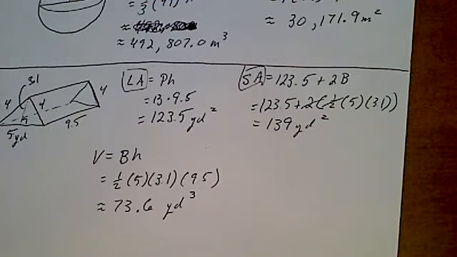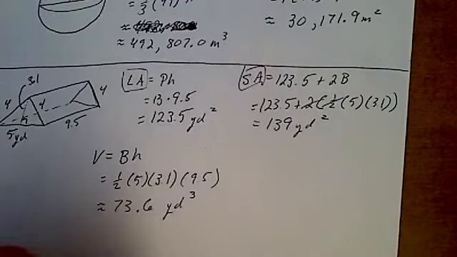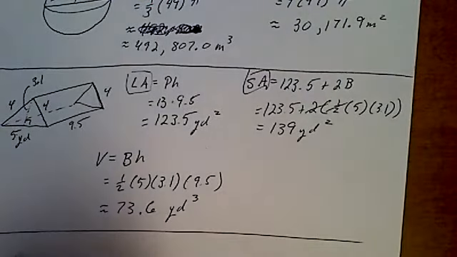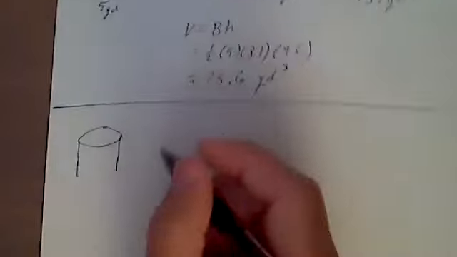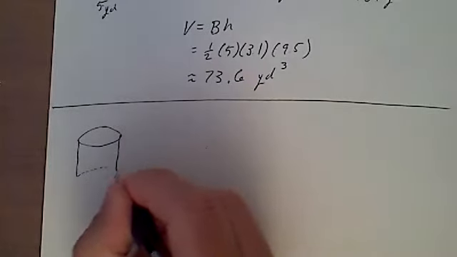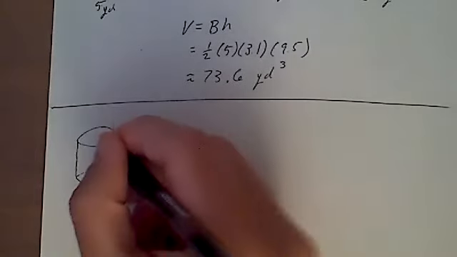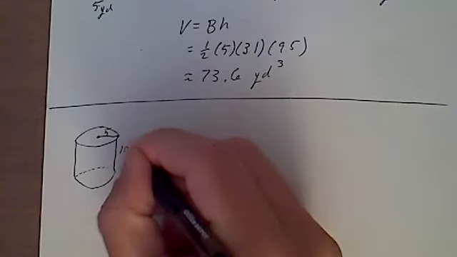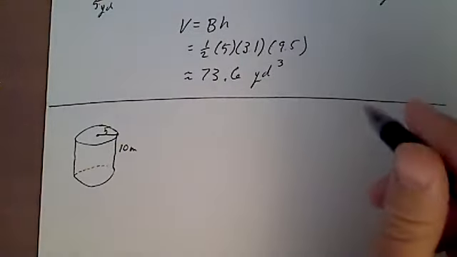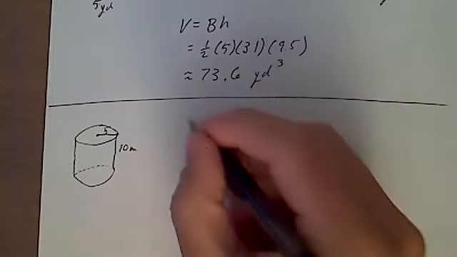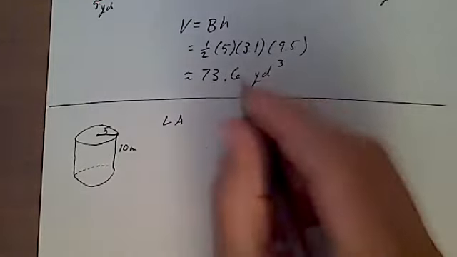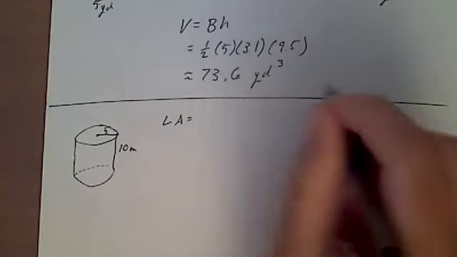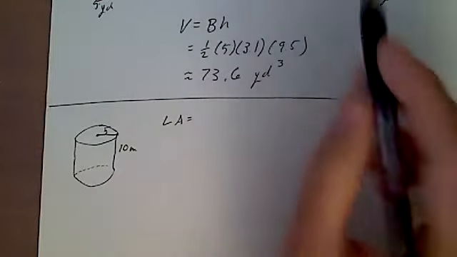And lastly here, we need to do some cylinders. So if we had a cylinder, at a radius of 5 and a height of 10, we'll just say meters. Right? If we needed the lateral area, again, this is the same as the lateral area for a prism.